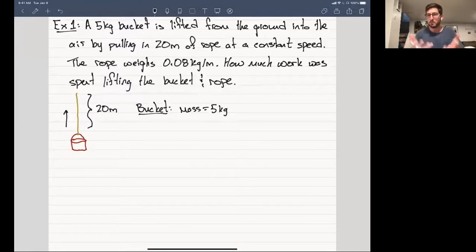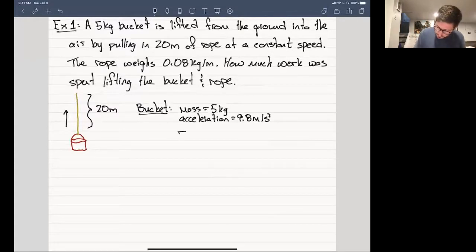If there was no gravity, we wouldn't have to worry about any work being exerted here because there's nothing resisting our motion. And so that tells us that the acceleration is going to be 9.8 meters per second squared. So that's the acceleration due to gravity.